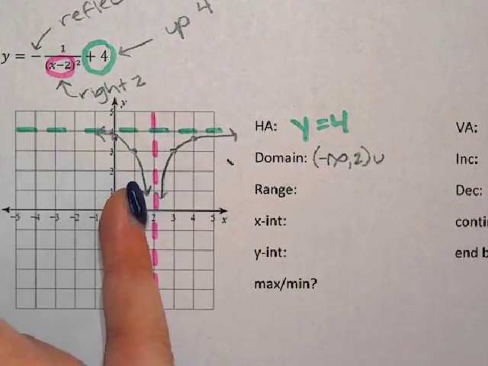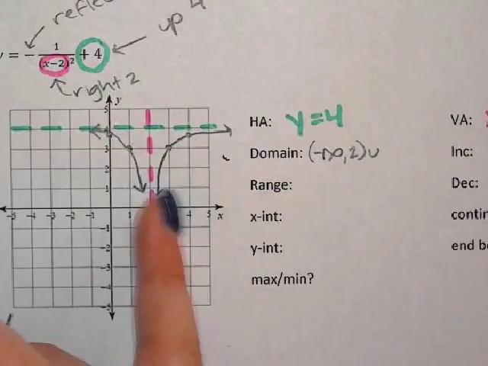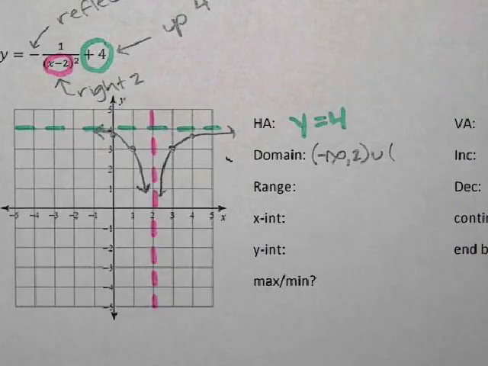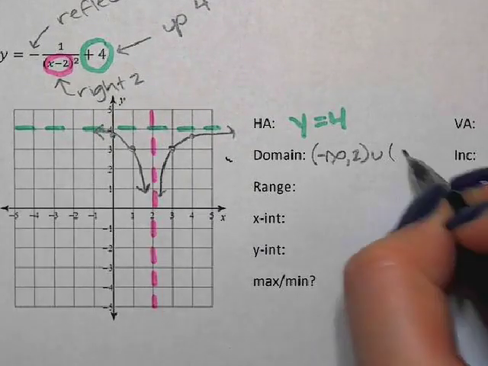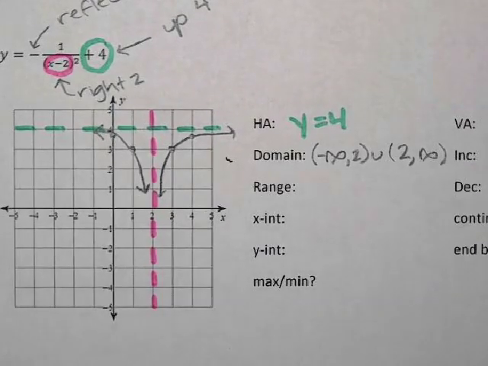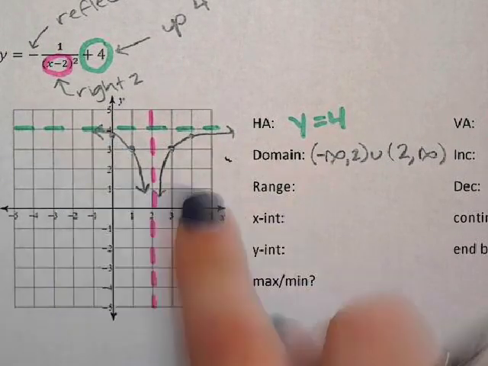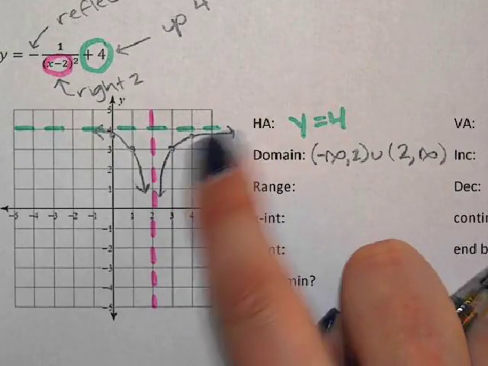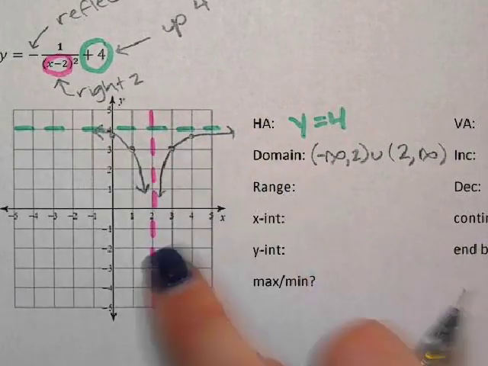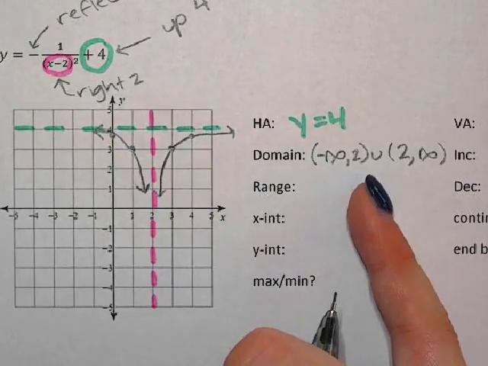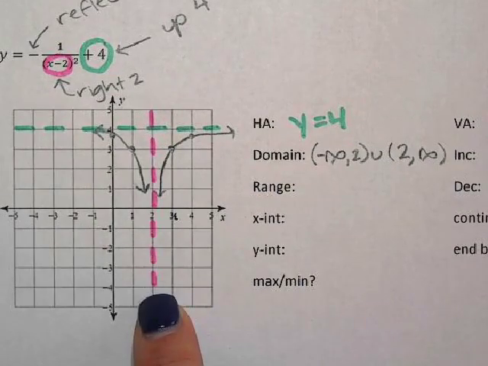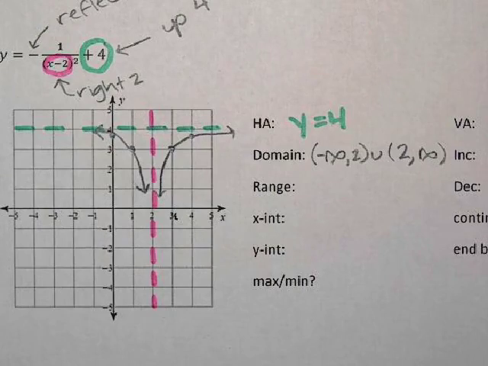Negative infinity to 2 is the left side. No, but you're close. 2 to positive infinity. Yep. So negative infinity to 2 is this curve, and then positive 2 to positive infinity is this curve, and so we're just saying that we need all the x values, but we're skipping 2. That's what that says.